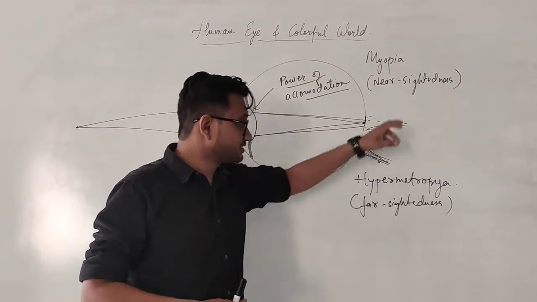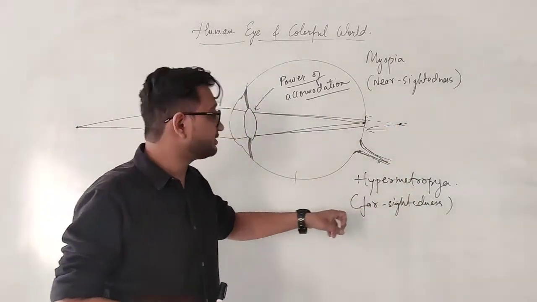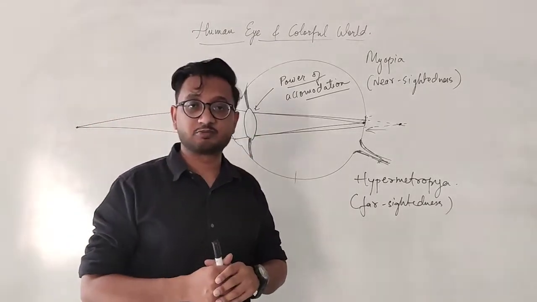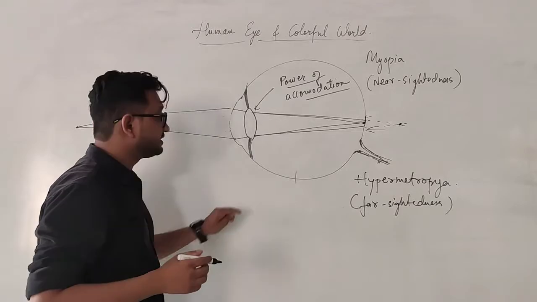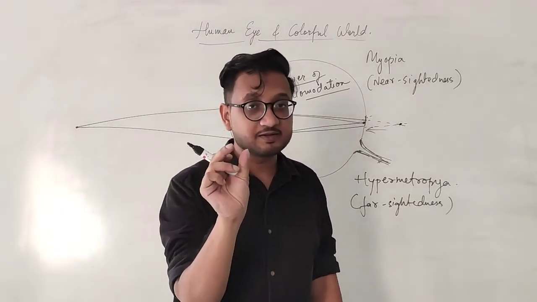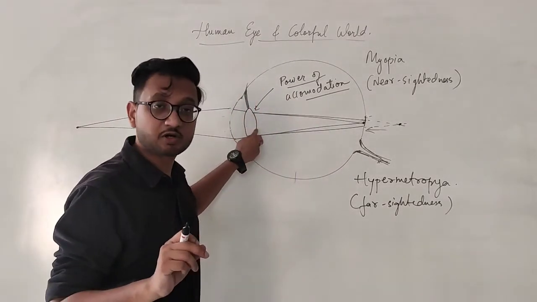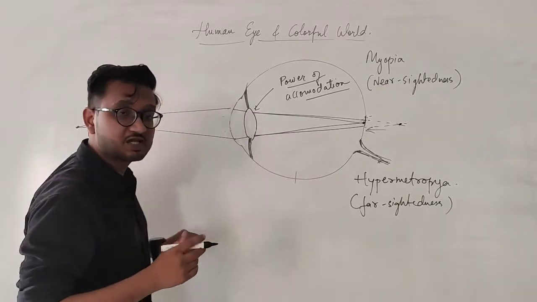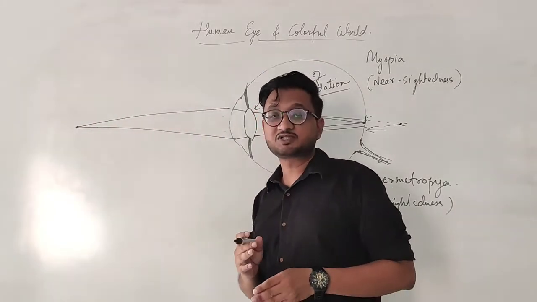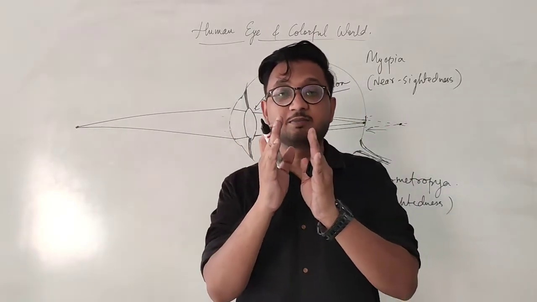Okay? These defects happen when the eye lens is having problems. Now, if the eye lens is thick and it is unable to become thin, that means its power is small. And when its power is small, it can see nearby objects, but it cannot see far away objects because the lens cannot become thin.